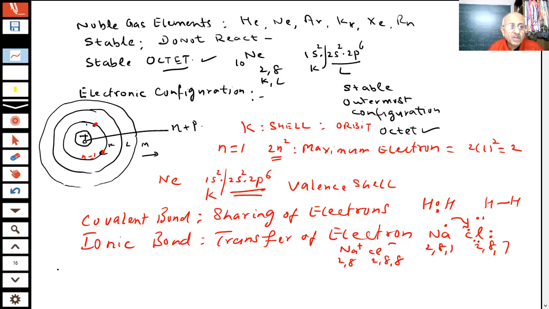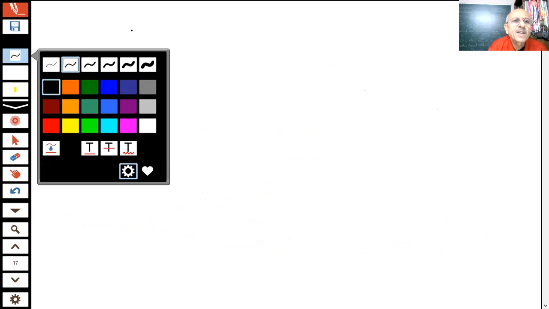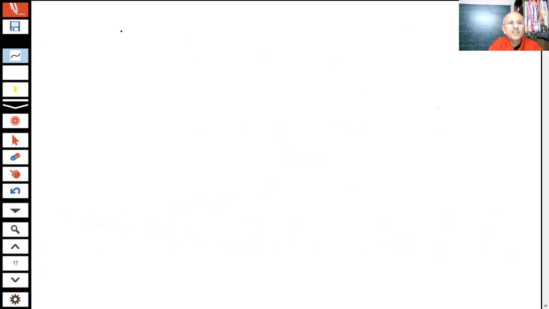Okay, now students, what is the story? I am saying that Lewis was the first who gave the electron dot structure. Lewis electron dot structures for the different molecules.